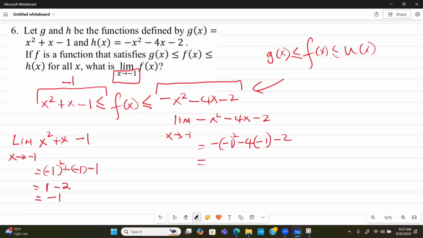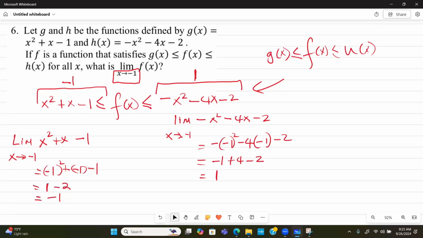So let's put this together. Whenever I square anything, it's positive, and then there's a negative hanging outside. So this is -1. This becomes +4, and then that becomes -2. What am I looking at? I'm basically looking at 4 minus 3, so this is +1. So this is giving me a +1 right there.